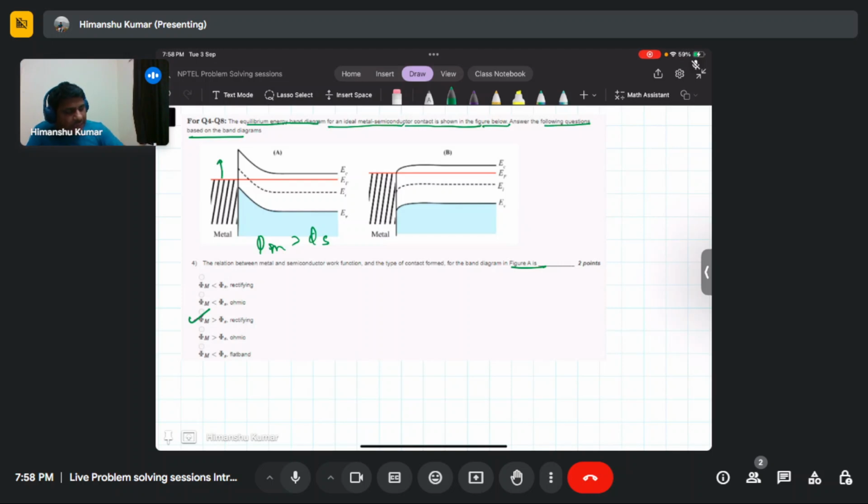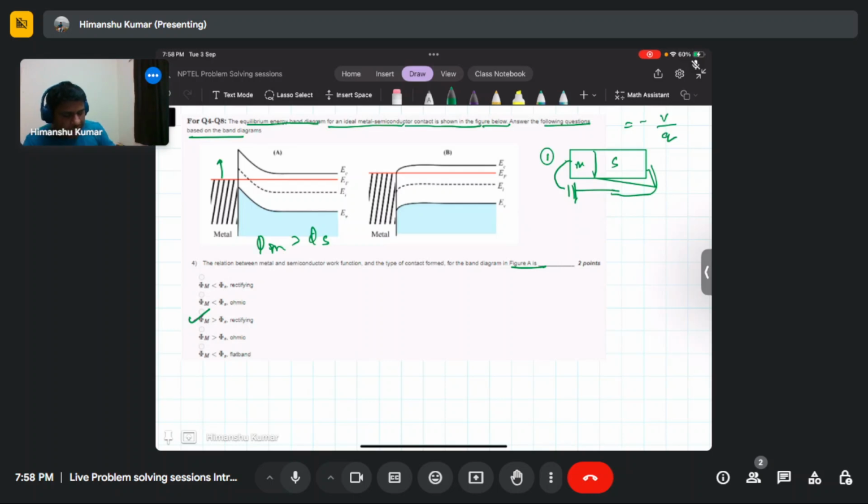So let's say this is the metal and this is the semiconductor. If you are applying a negative bias, then this potential will get decreased. The conduction band energy is basically minus V, the potential, divided by Q, and since this potential is negative, the energy will get increased.